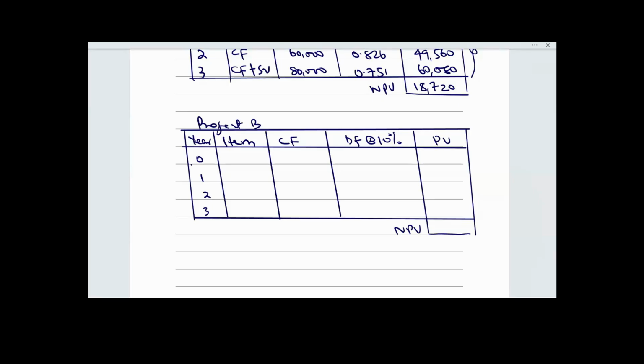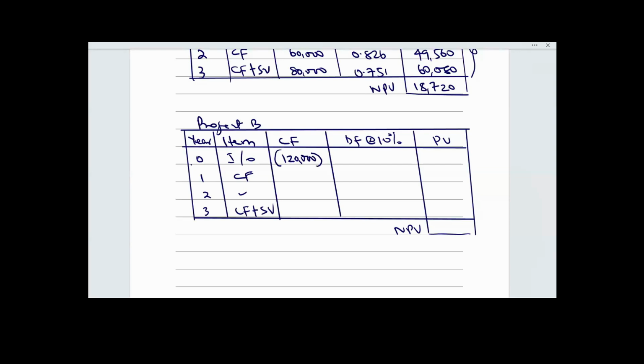Initial outlay, cash flow plus scrap value. So initial outlay of project B is what? 120,000.